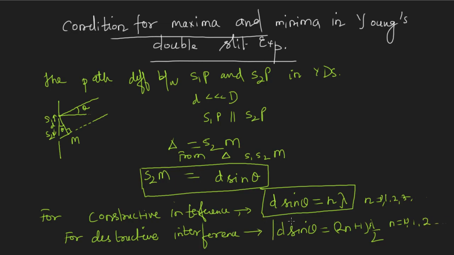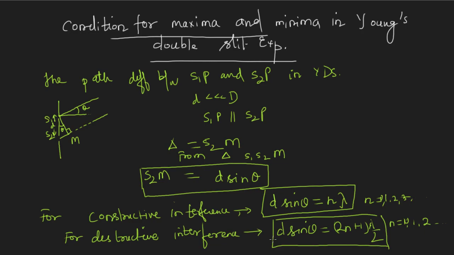This is my condition for destructive interference. So whatever experiment you do, you just need to find the path difference, and then the general conditions will hold true. If the path difference is integral multiples of lambda, we get bright fringes, and if it is odd multiples of lambda by 2, you'll get dark fringes.